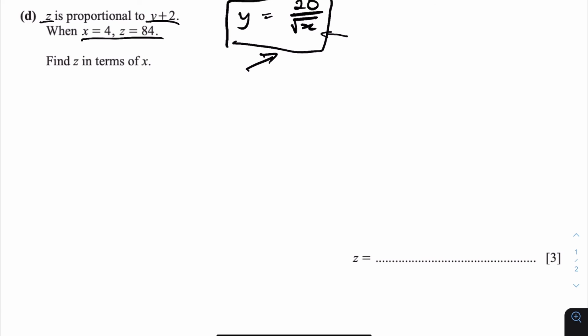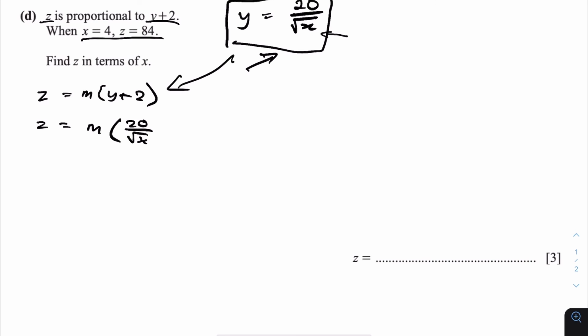So the way we write this, since it's directly proportional to y plus 2, we'd first write it as z equals m or k times y plus 2, and then we substitute y in there. So z equals m times 20 over root x plus 2. And now we can substitute our values of 4 and 84 in here.